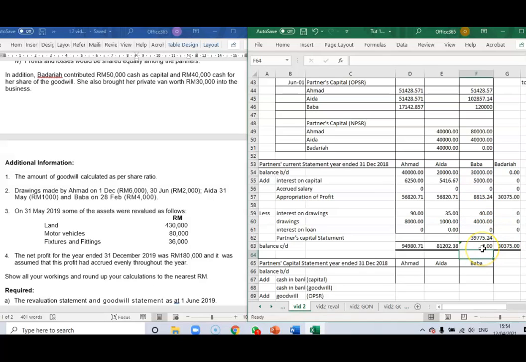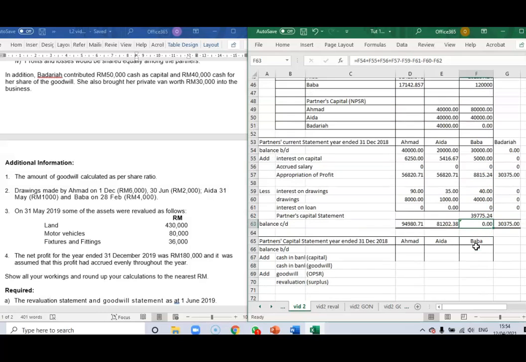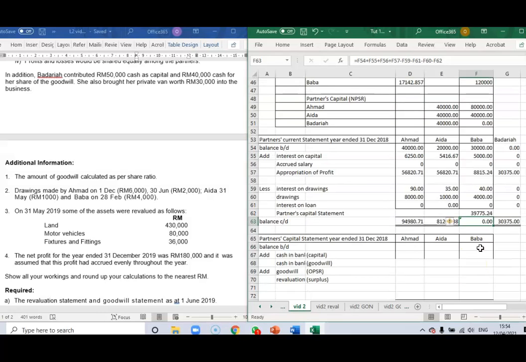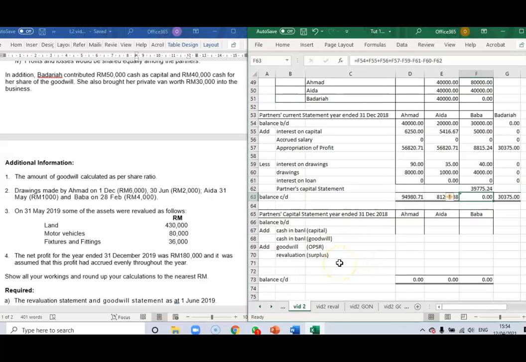So your answer at the end of partner's current statement for Baba should be 0, because we will transfer this to Baba's capital account. Okay, this is less, then you need to add at the partner's current statement.